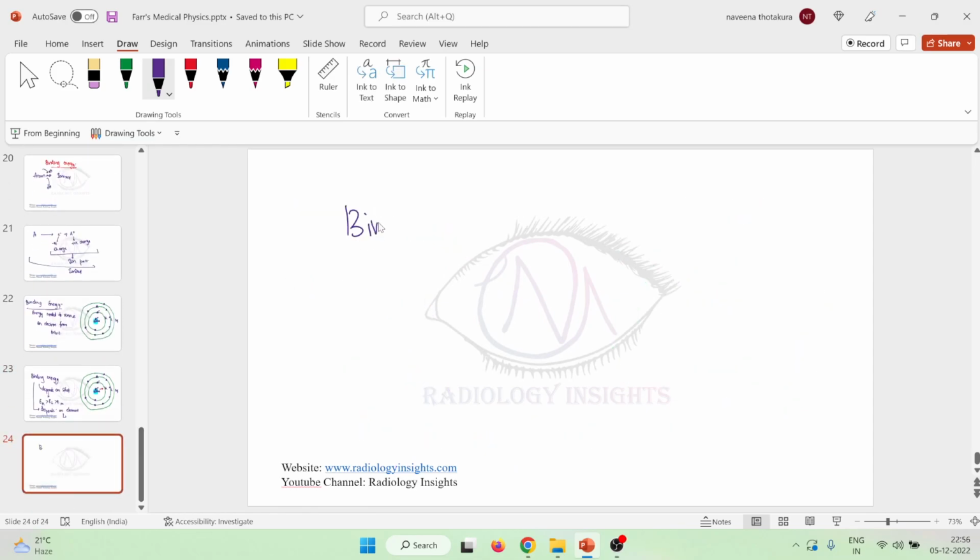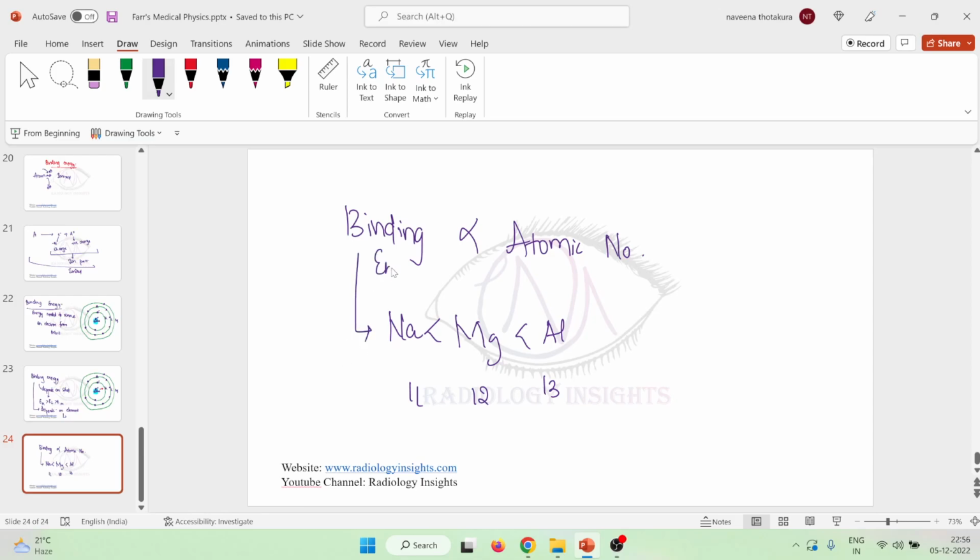The binding energy is directly proportional to atomic number. That means as the atomic number increases, the binding energy increases. So, for example, the binding energy of sodium is less than that of magnesium, which is less than that of aluminium, because the atomic number of sodium is 11, magnesium is 12, and aluminium is 13.